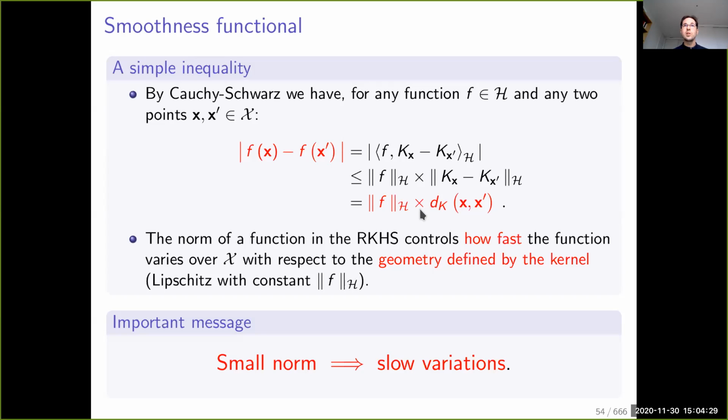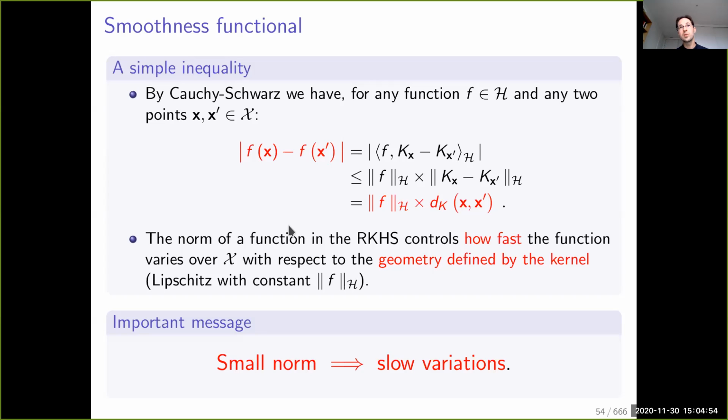So this inequality tells us that if you have x and x prime that are close to each other in terms of data, meaning that this quantity is small, and if you want f of x to be close to f of x prime, you need to have a small norm. So that means that if you want to have a function with small variations, you need to have a small norm.